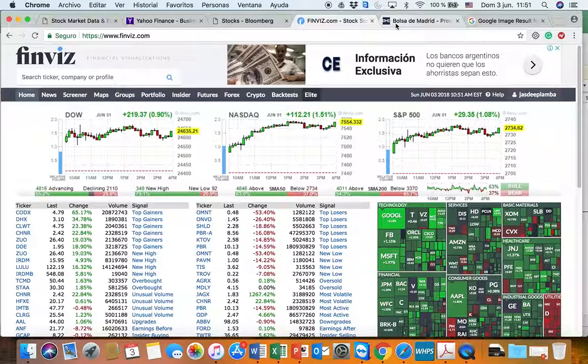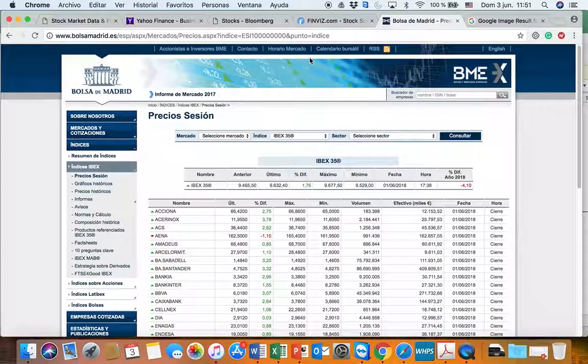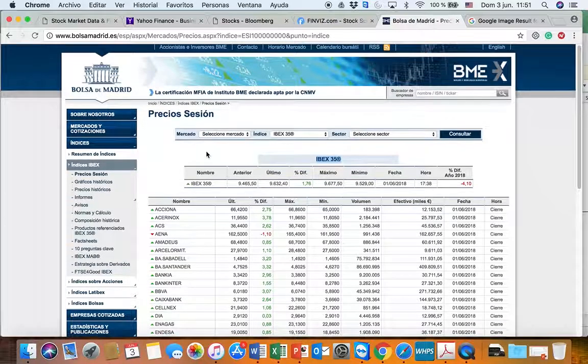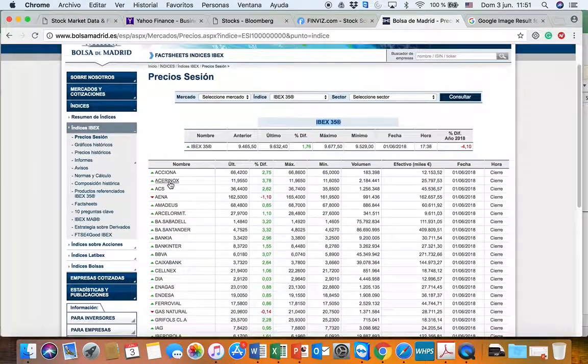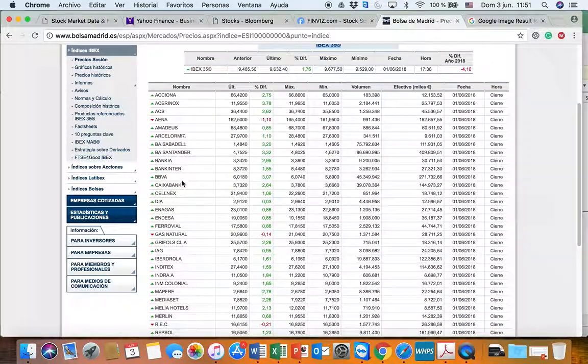I'm going to go a little bit deeper and take one of these benchmark indexes, such as the IBEX 35. As you can see, these indexes have a constituent basket of stocks. IBEX 35 has 35 stocks, listed right here.